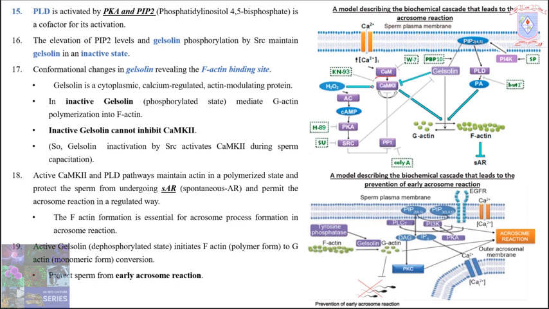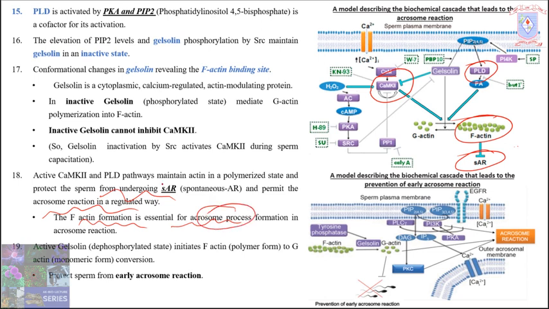So active CAMK2 and PLD pathway maintain actin in a polymerized state and protect the sperm from undergoing spontaneous acrosomal reaction, and permits the acrosomal reaction in a regulated way. So F-actin formation is essential for acrosomal process formation and also for the regulated acrosomal reaction.